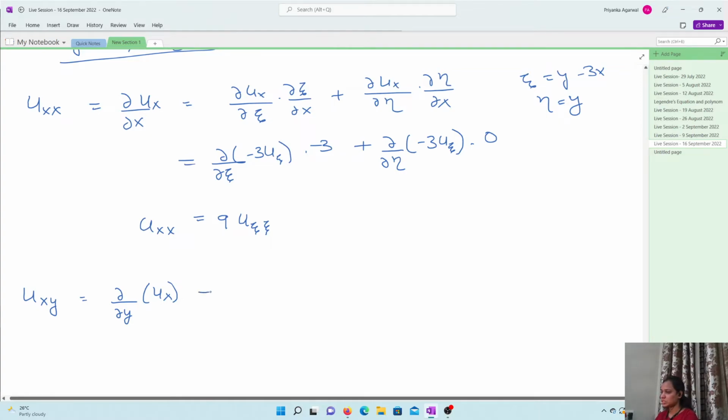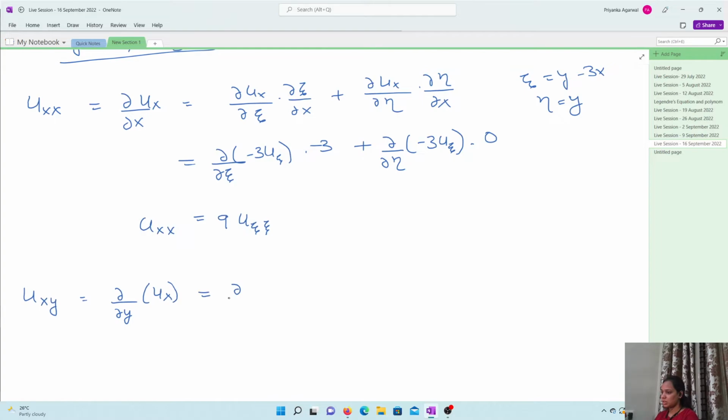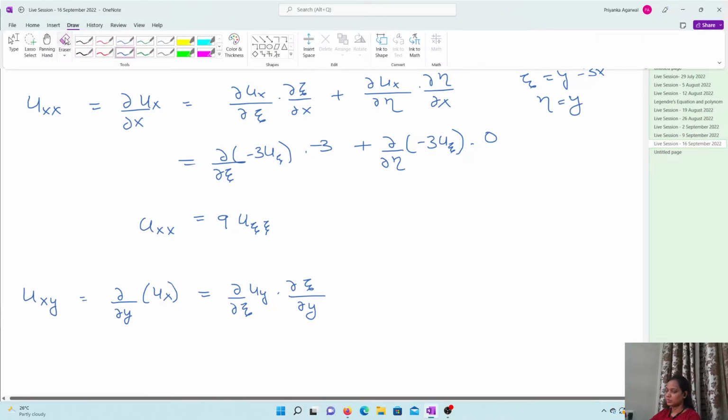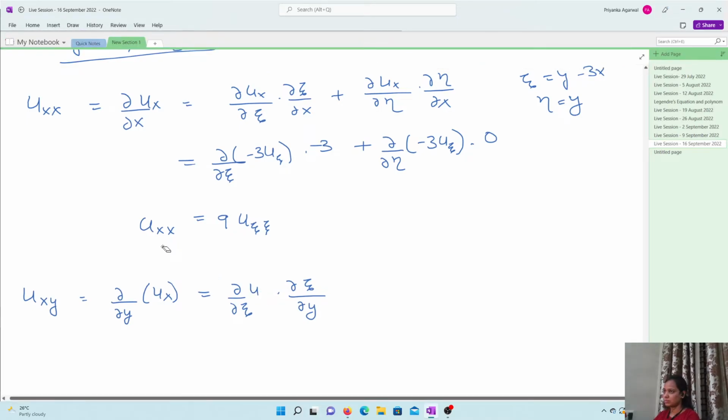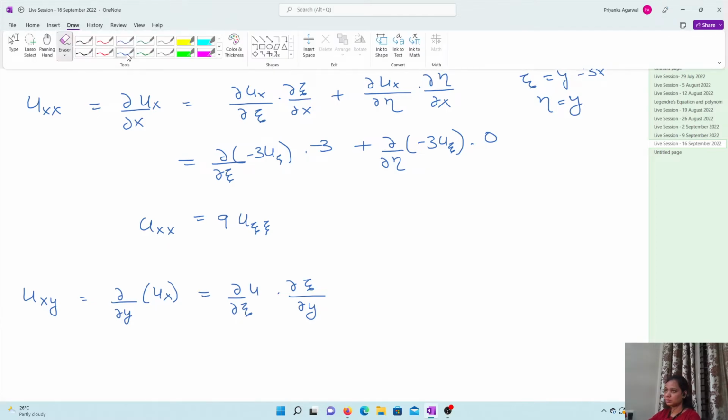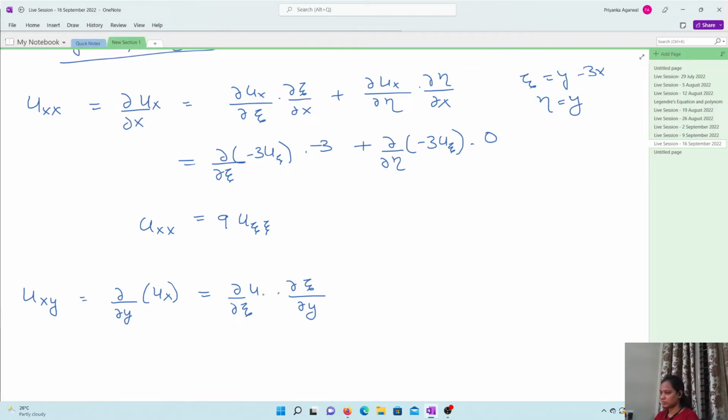So let's keep this. So this becomes del by del xi of uy into del xi over del y plus del uy over del eta into del eta over del y.